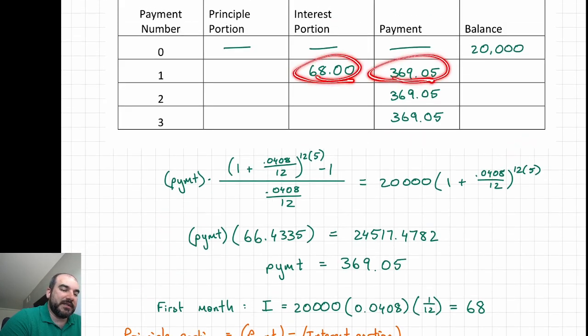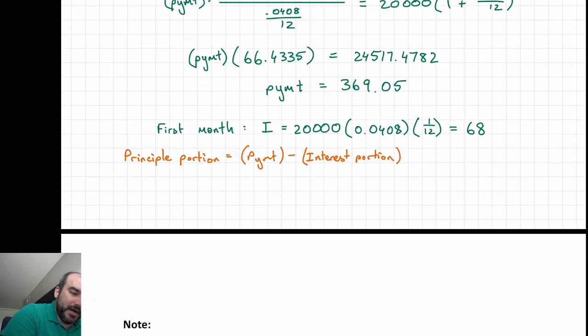We subtract the 68 from that, and we get our principal portion. So it'll be our payment, $369.05, minus the interest portion, which was $68. So our principal portion is going to be $301.05.